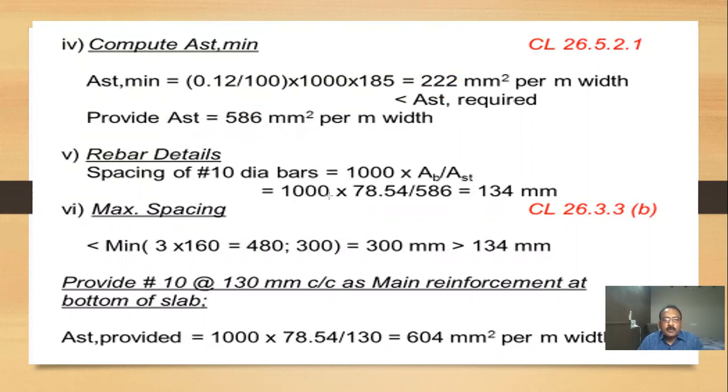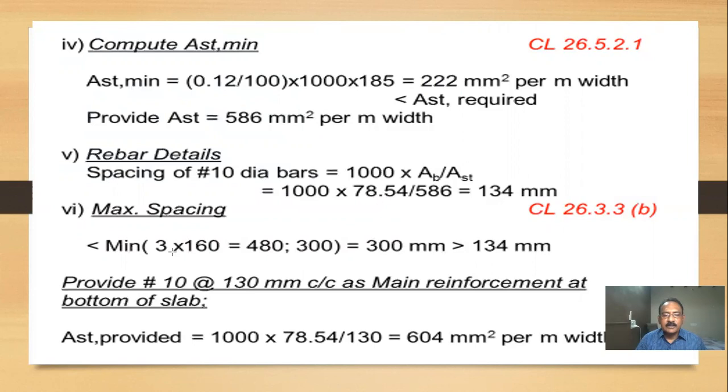So spacing, how to provide? Area of 10 mm bar, that is, 1 mm bar area is equal to pi d square by 4. How to calculate pi d square by 4? D equal to 10 mm. So 78.5 divided by 586, into 1000, because in meters. So 134 mm. As per class, I discussed previously 2 times.